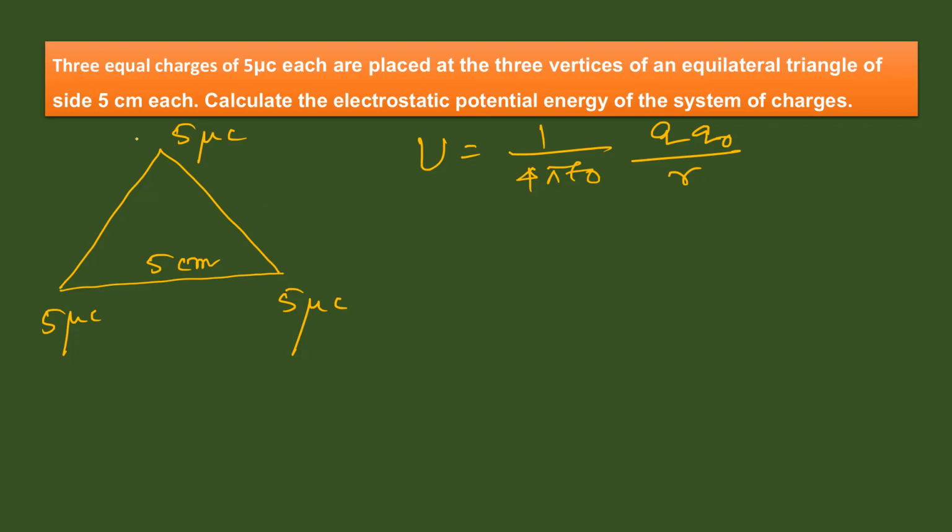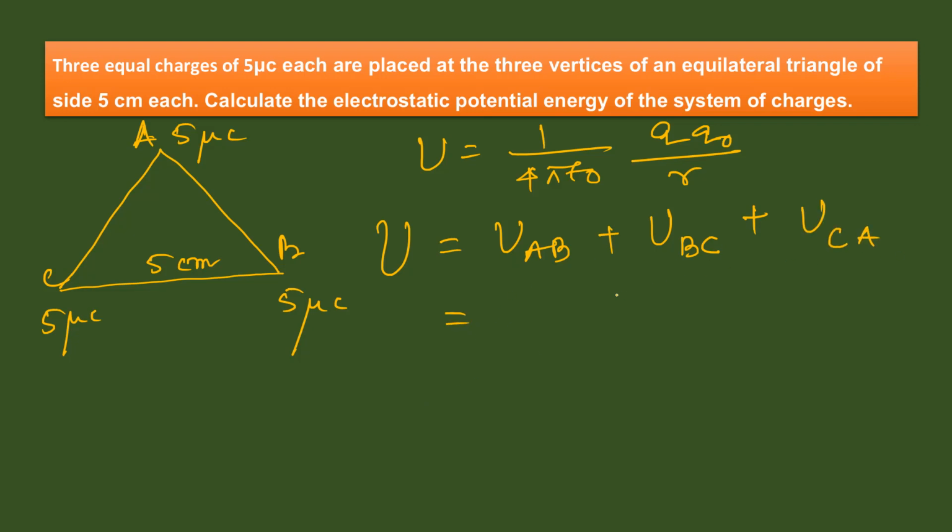Now, this point is A, this point is B, this point is C. So what will be the final expression of electrostatic potential energy? That equals the electrostatic potential energy between A and B, the electrostatic potential energy between B and C, and the electrostatic potential energy between C and A.